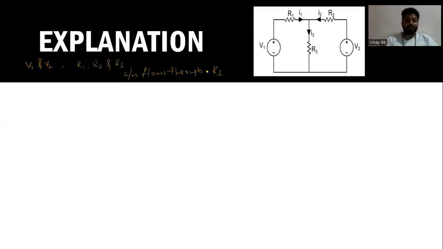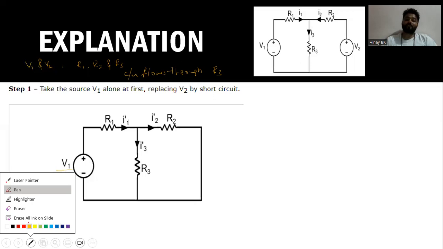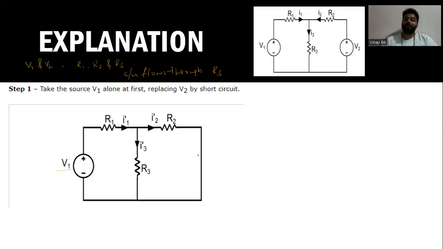Next step: Step 1, take source voltage V1. So you are taking voltage source V1 and you need to make V2 zero. That is why V2 will act as a short circuit. Only V1 is acting alone.